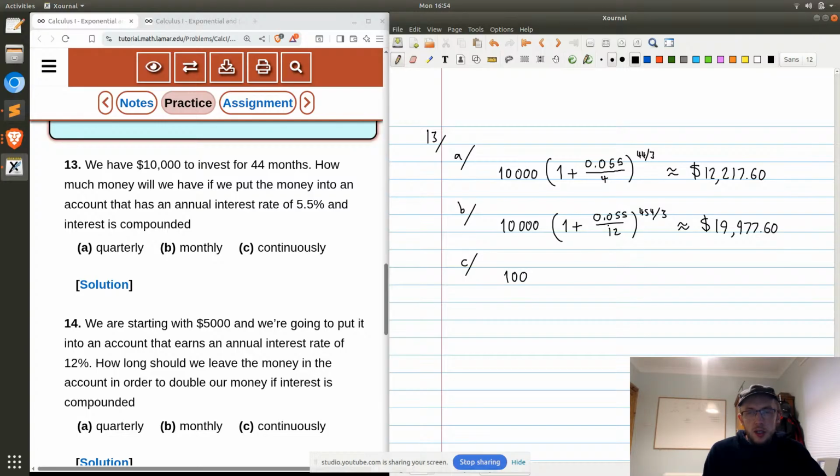Continuous, of course, this doesn't work because you'd have to have infinities floating around.